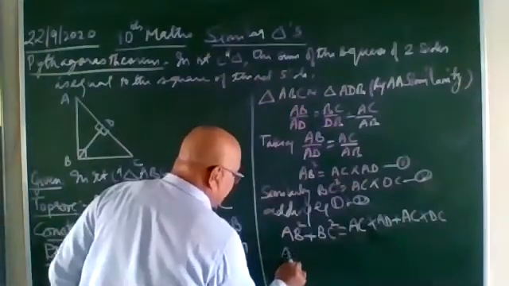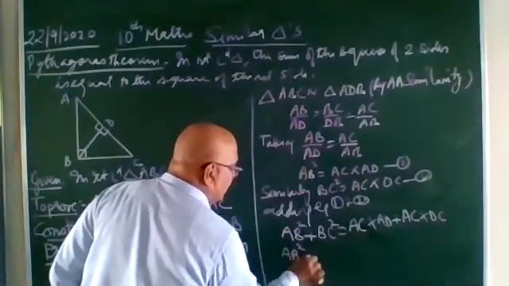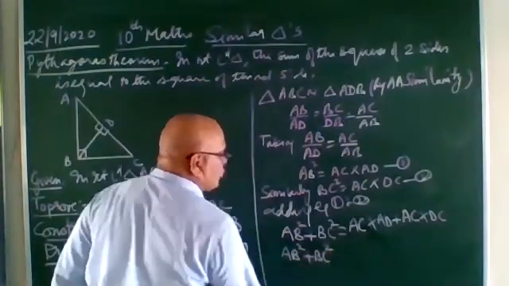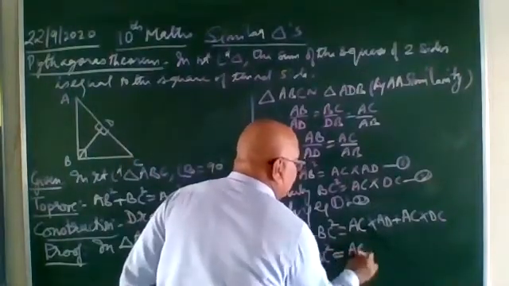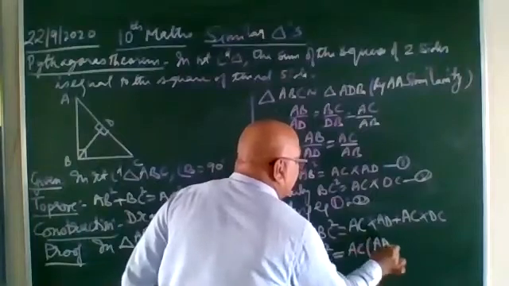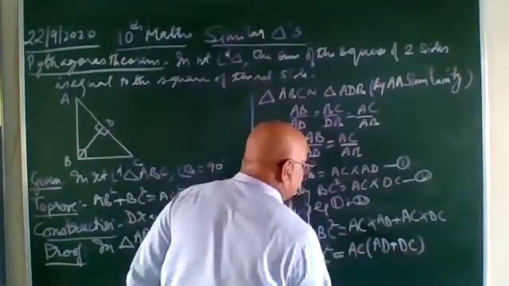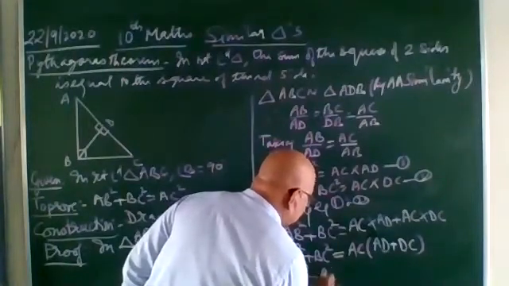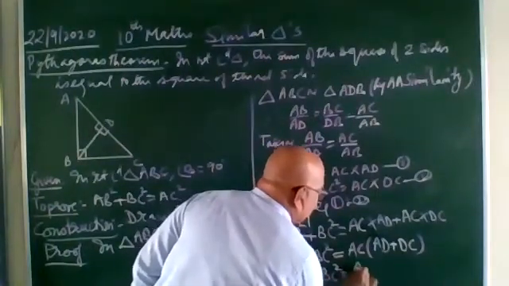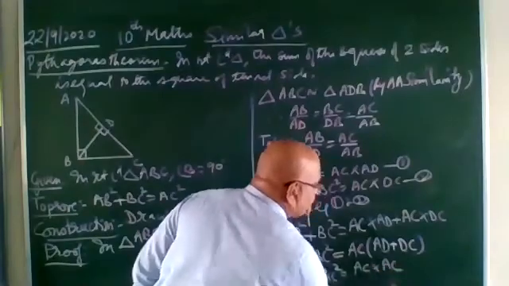So you will say AB square plus BC square equal to AC into (AD plus DC), that is AC into AC.